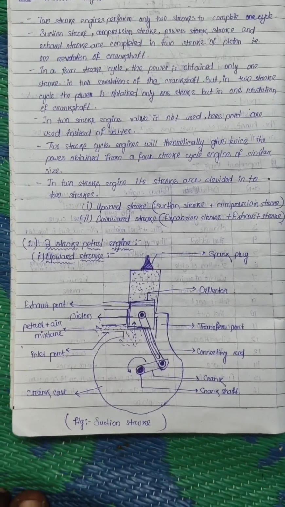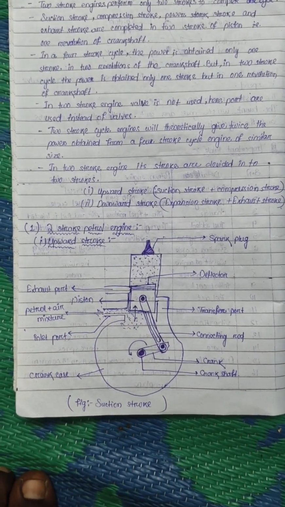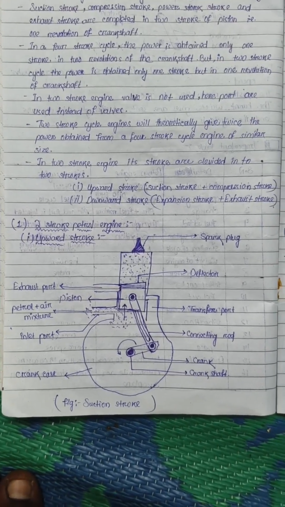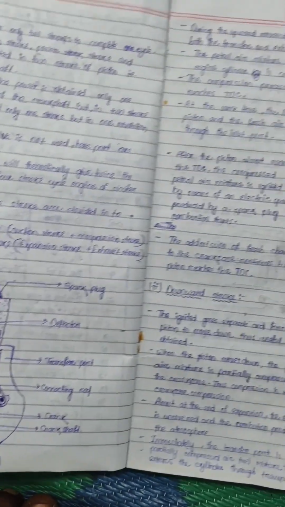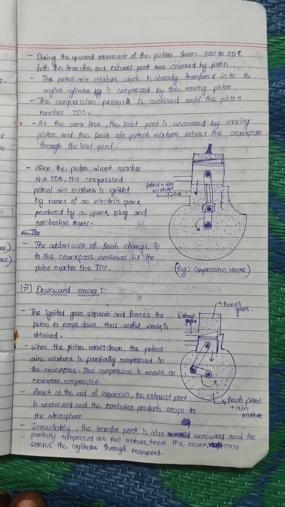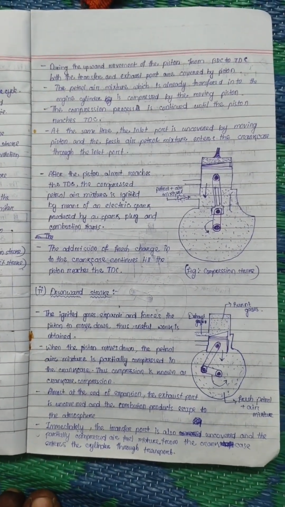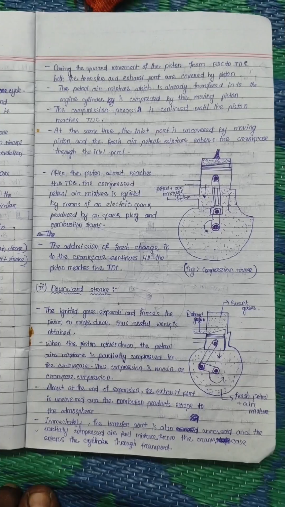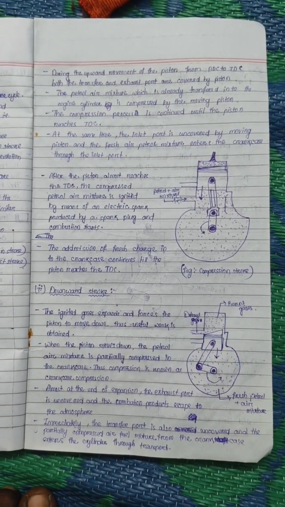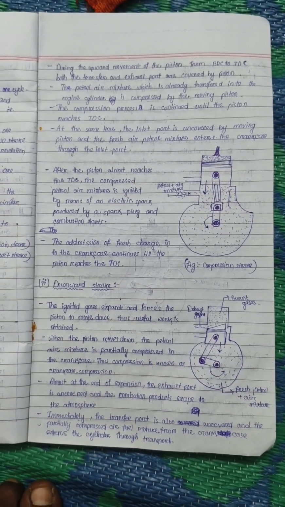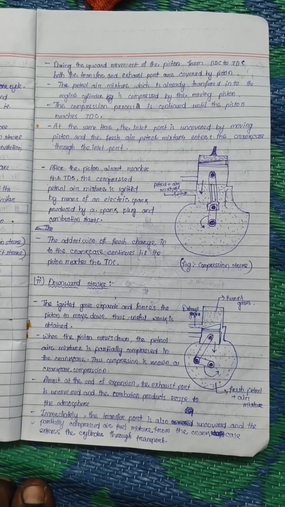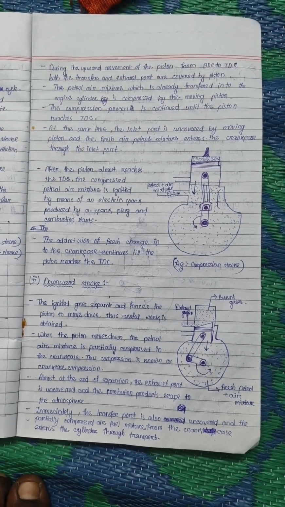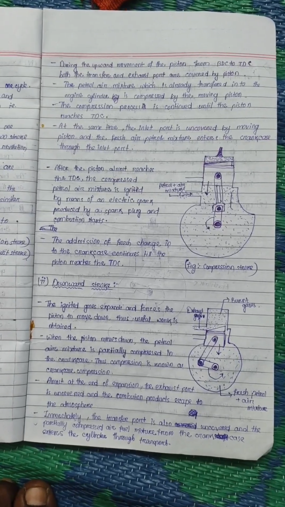Here is a brief figure of how the suction stroke works. During the upward movement of the piston from BDC to TDC, both the transfer and exhaust ports are covered by the piston.